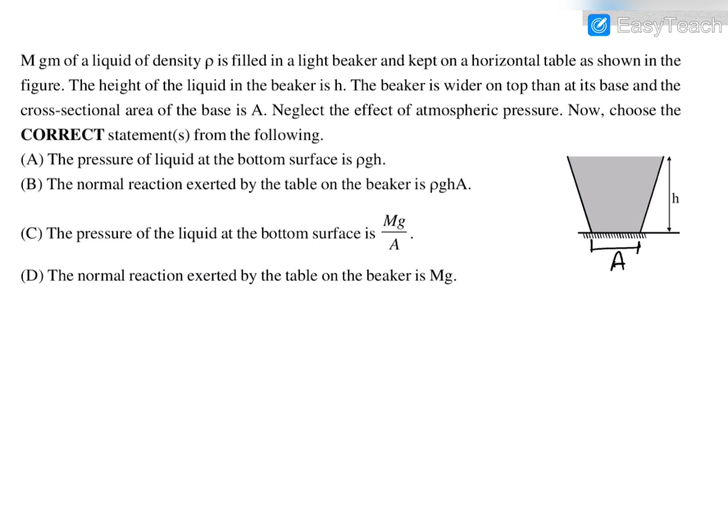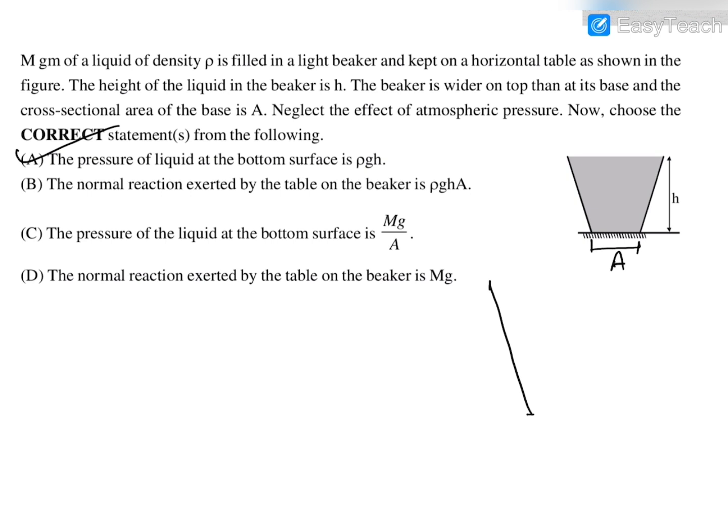Now the first option says that the pressure of the liquid at the bottom of this container will be H rho g. So this is absolutely correct because the pressure at the bottom will be H rho g. The normal reaction exerted by the table on the beaker is rho g HA. Now let us see this scenario.